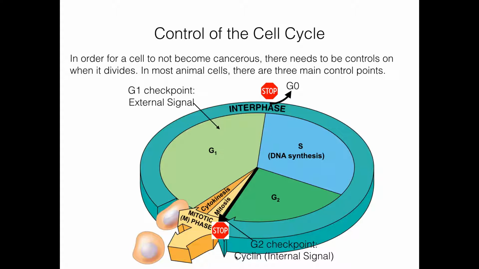What this does is it basically ensures that the cell has spent enough time going through S and G2 phase that it didn't rush itself along and didn't make lots of mistakes. It makes sure that the cell has enough time to replicate its DNA and, crucially, to check its replication to make sure that it didn't make any mistakes.